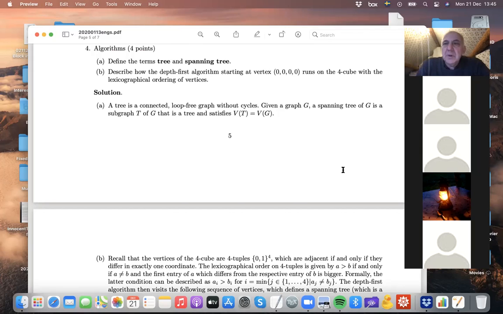What is a spanning tree? If we're given a connected graph, we want to find its subgraph on exactly the same set of vertices, which is a tree. So we have to remove all cycles in a given graph, but keeping the rest connected, and then we'll get the remaining graph, the spanning tree.